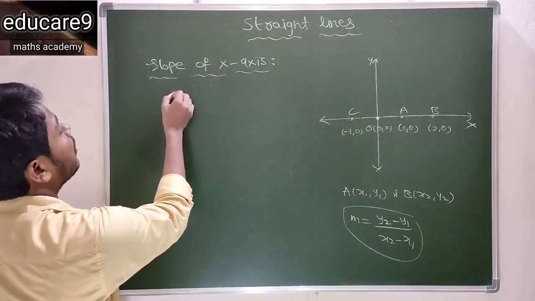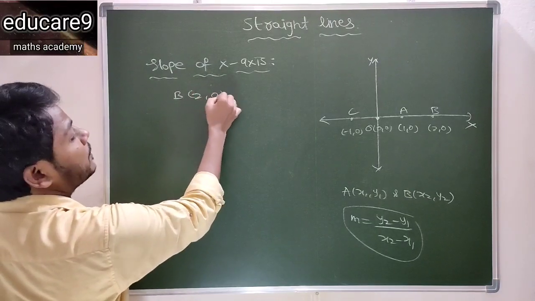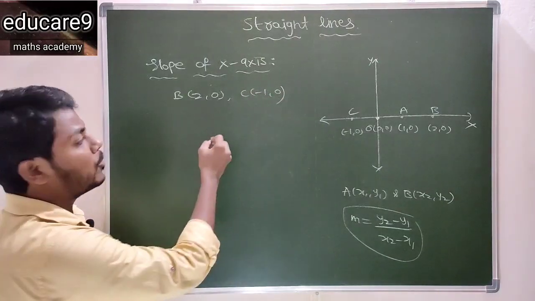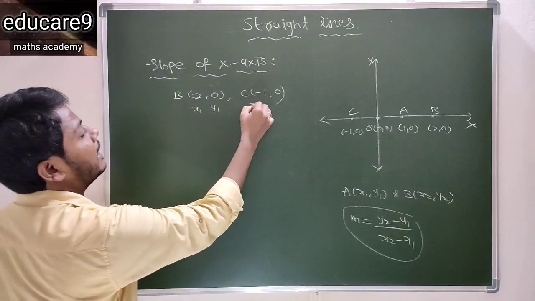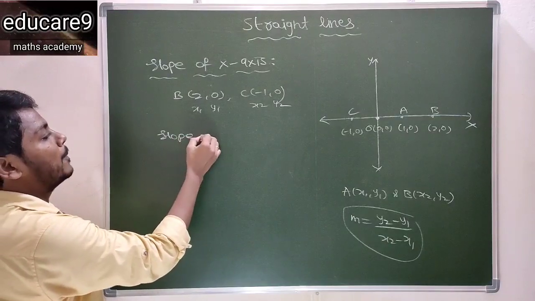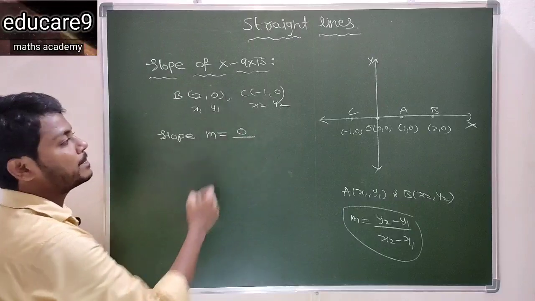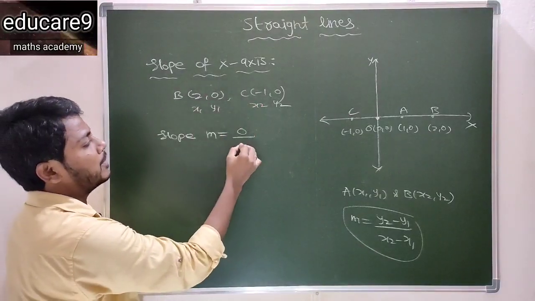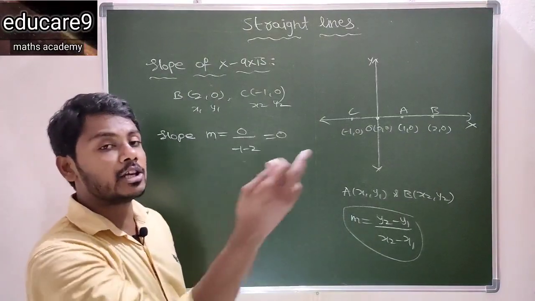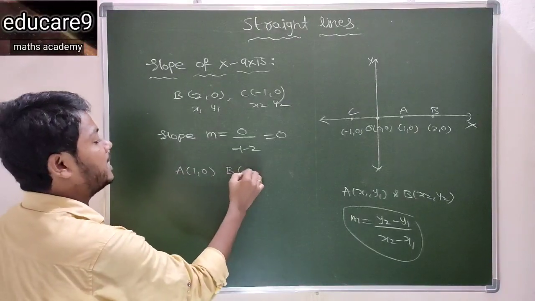See here, for example, B is 2, 0 and C is minus 1, 0. So find the slope. This is x1, y1 and this is x2, y2. Therefore, slope is (y2 minus y1), 0 minus 0, 0, by (x2 minus x1), minus 1 minus 2. So clearly what you get? 0. So for example, take any other 2 points. See here, A 1, 0, B 2, 0.